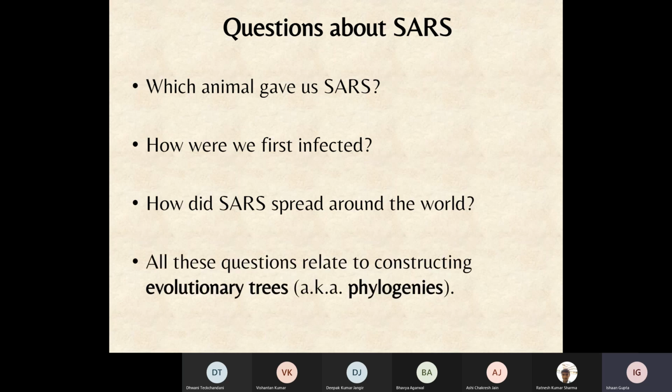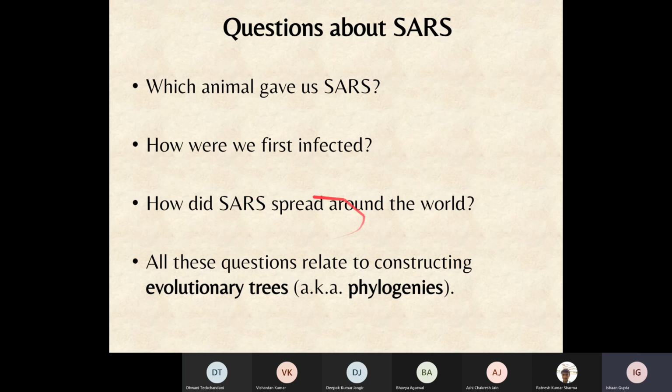All right. So all these questions relate to the idea of constructing evolutionary trees, which essentially go back to look at the original sequence of the virus, and then see how the different mutations get accumulated over the course of the virus replicating itself, and how you can trace these downstream mutated viruses back to the original virus, right?